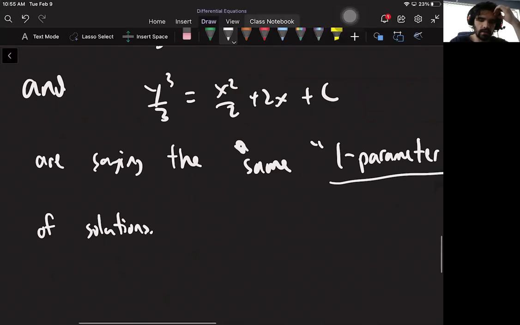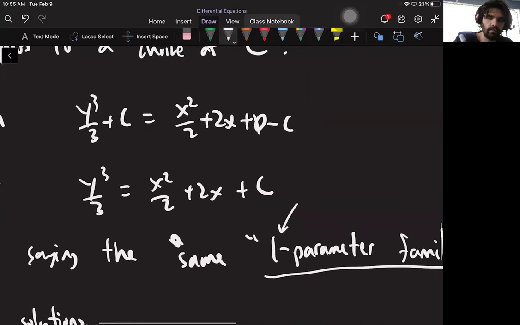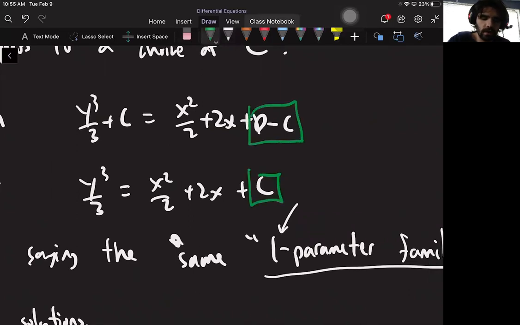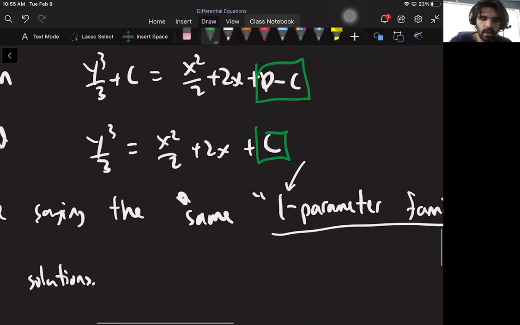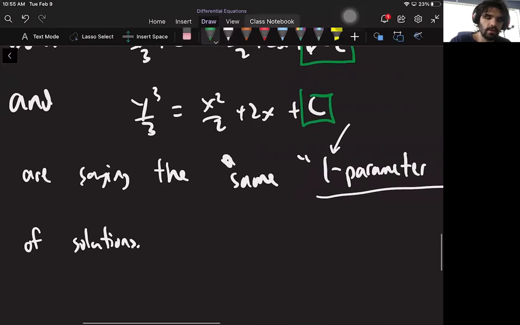So what that means is, where does the one come from? The one comes from the fact that any choice of one constant gives you a new solution. So these are my two one constants that as I range through different numbers, I get different solutions. And so my parameter is that constant that's changing.